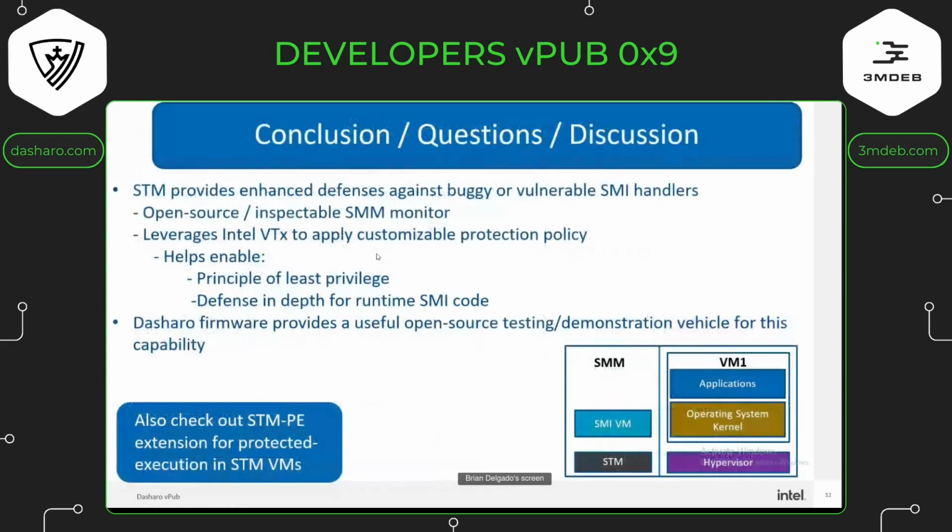We want to keep this short for some time for discussion, but to conclude, STM provides a new mechanism that's not really being used today to give additional protections against problematic SMI handlers. These SMI handlers could be buggy, or they could be malicious, if somebody were able to compromise SMM.